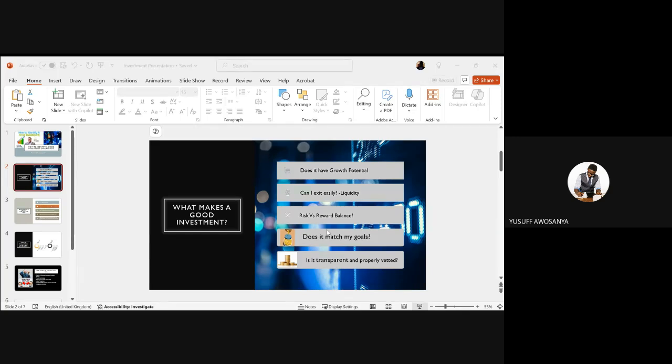Another one is, does it have a risk-reward balance? So every investment would have a risk factor in it. So when you look at the risk and you look at the reward you stand to gain, does it have a balance? Is the risk way too high compared to the reward?